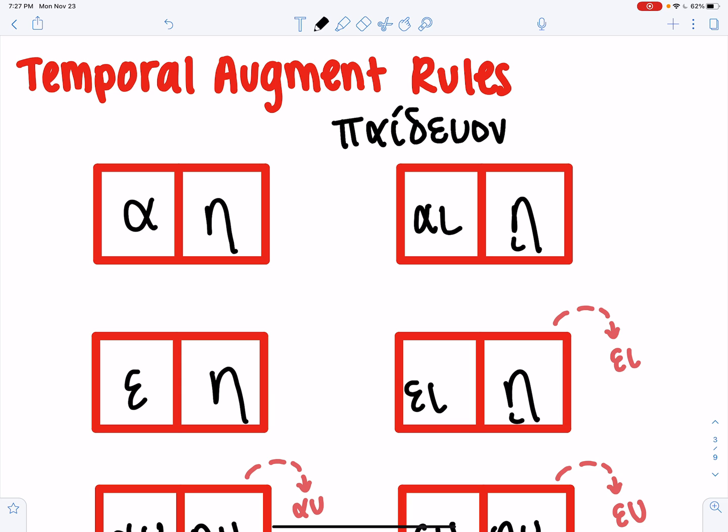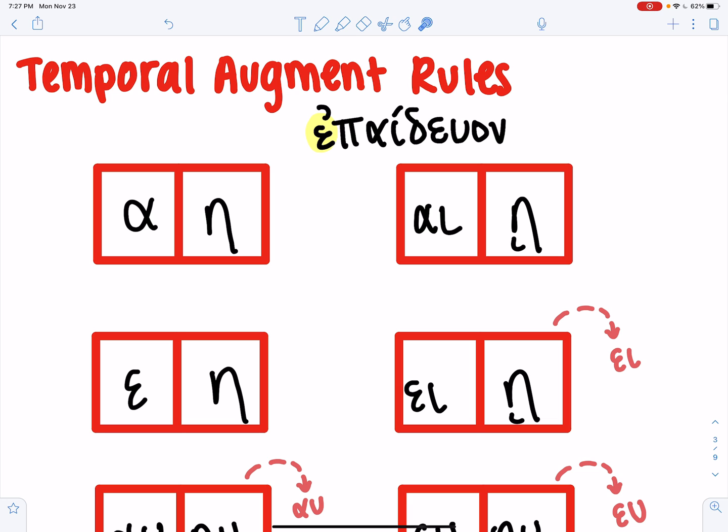This would instead be not a paide-won, but a paide-won. But obviously, paidewo is a word on its own, so we just stick with the simple epsilon rule. So remember, any word that starts with a consonant, unless there's a preposition, which I'll explain in a little bit, you're just going to stick an epsilon on the front.